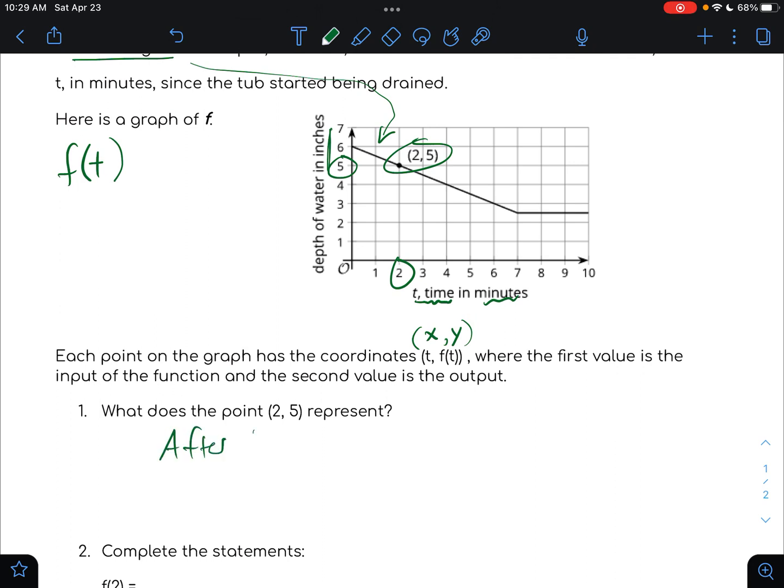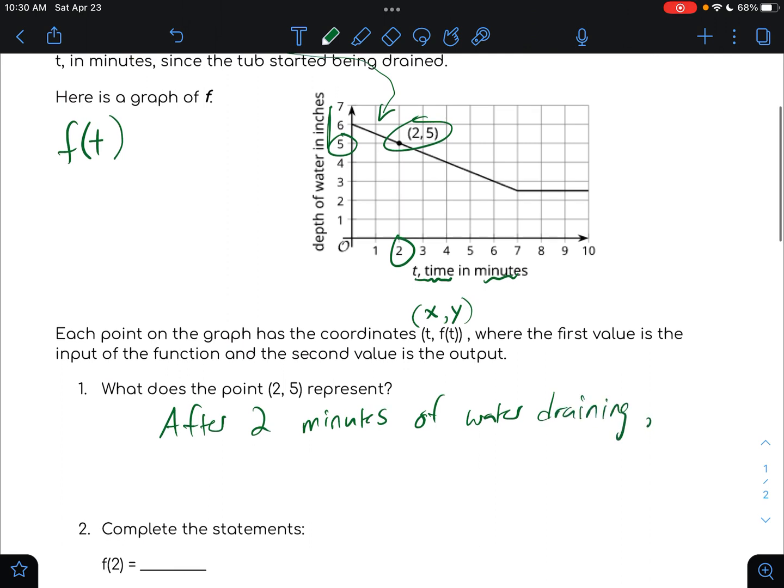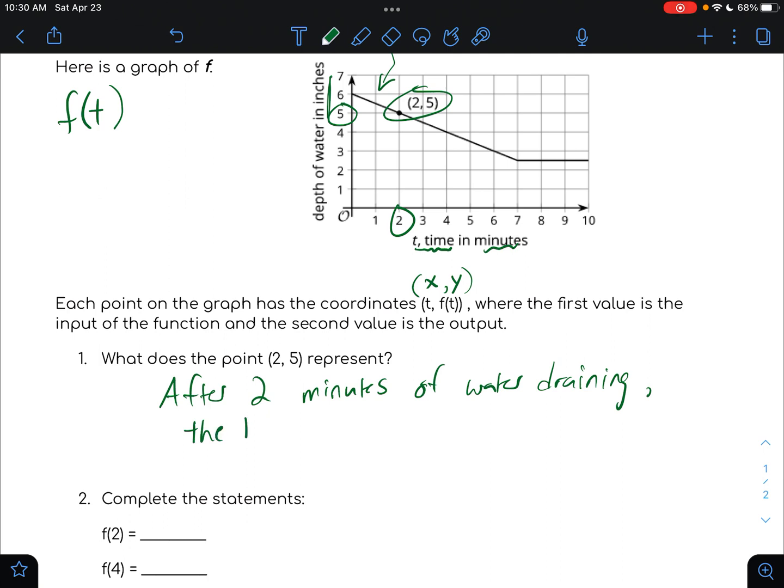So after 2 minutes of water draining, the depth is 5 inches of water. So that's literally what that would mean.